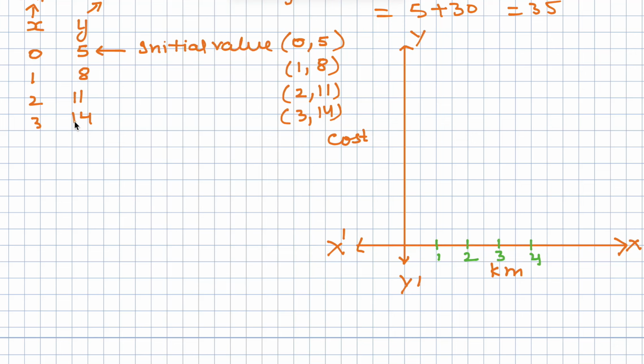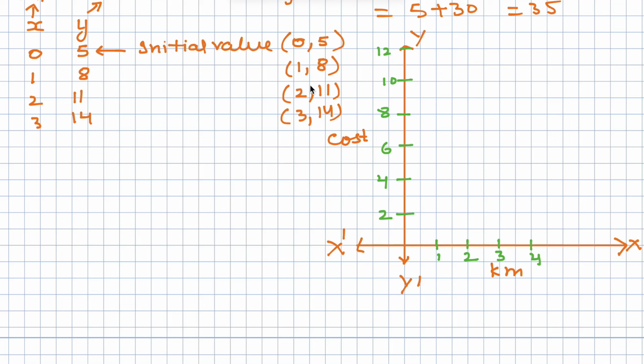The maximum value is 14 and the minimum is 5. So let's take a difference of 2: 2, 4, 6, 8, 10 and 12. We will do until here.